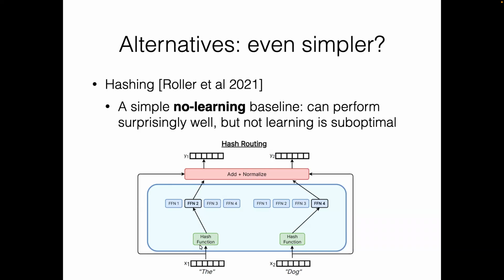You could just run this hash function and that will function as your router. So no learning at all. Broadly speaking, this actually ends up performing surprisingly well. You can have it as a baseline and it'll perform surprisingly well. But again, if you look through the history, this isn't necessarily used now. So it seems like not doing any learning at all is a bit suboptimal.